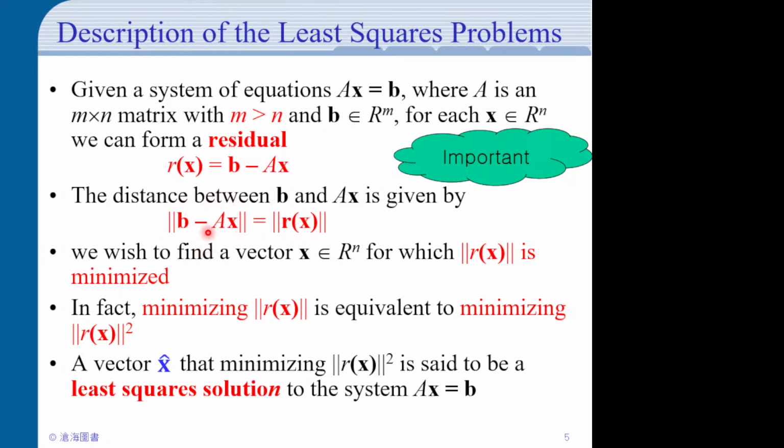So we want to find x such that the norm of r of x is minimized. It's a little easier to think about r of x squared. Since a norm is a positive number, minimizing the norm is the same as minimizing the norm squared.